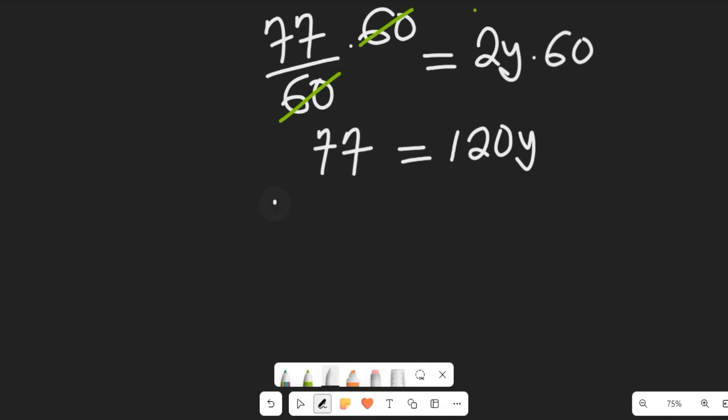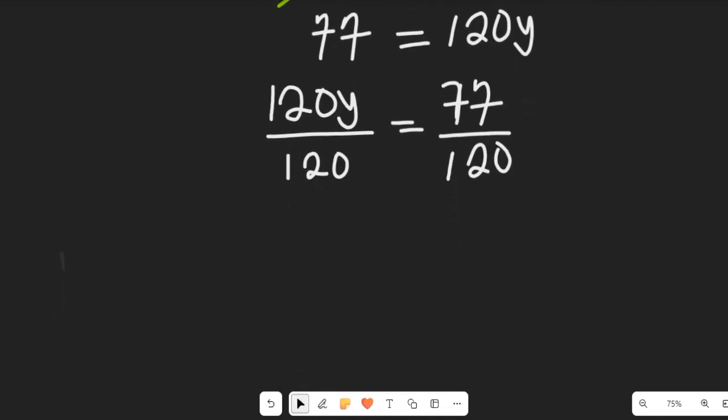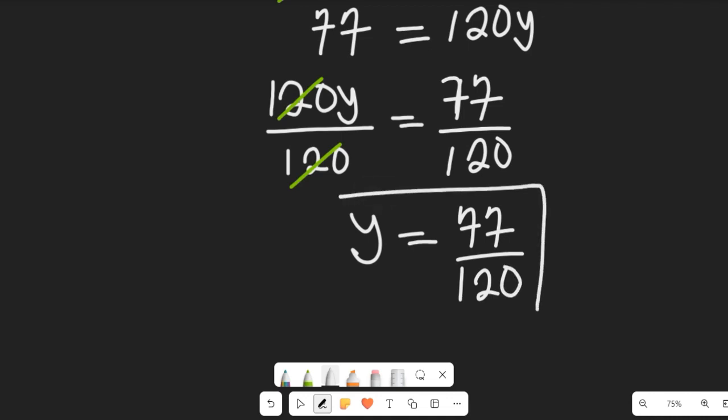So to get the value of y, we divide both sides by 120. We'll have 77 divided by 120, and the value of our y will be equal to 77 divided by 120. And that is the solution to the exponential equation that was given to us earlier.